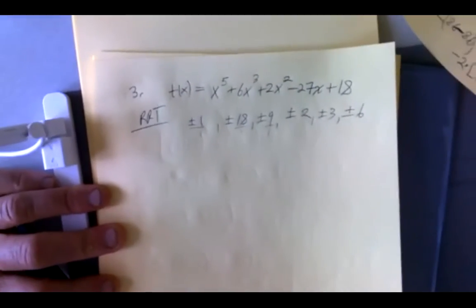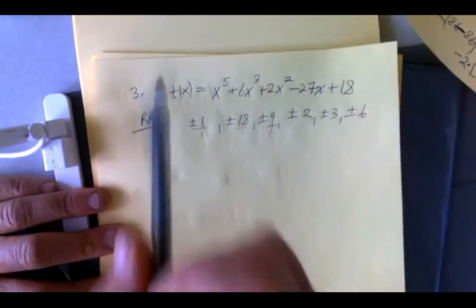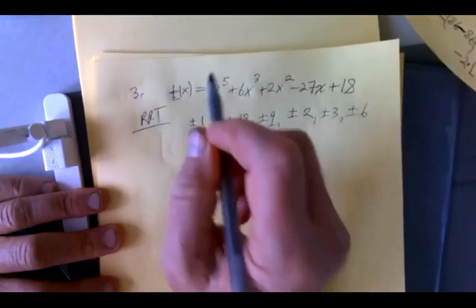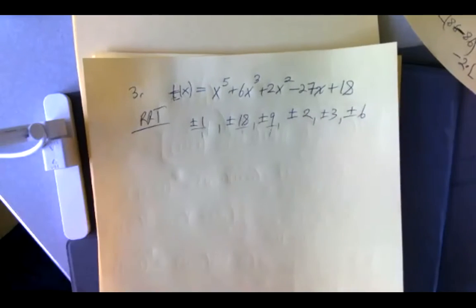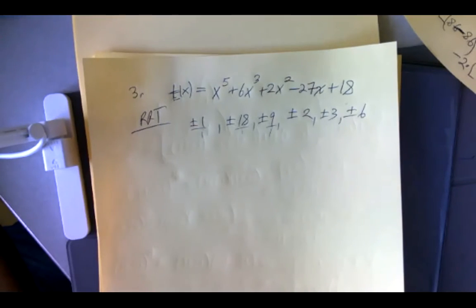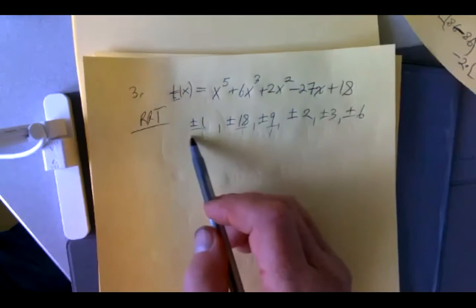I will say, when I say this is very much like the test, I might give you one where there's a 2 here and it could be that 1/2 is a root. That's what I mean by don't go. There's past problems I've done like that. If there's a leading coefficient, then you have to put those over it.